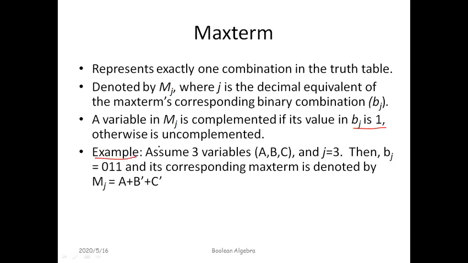For example, let's take A, B, C as the variables and j being equal to 3. Then Bj will be 0, 1, 1.